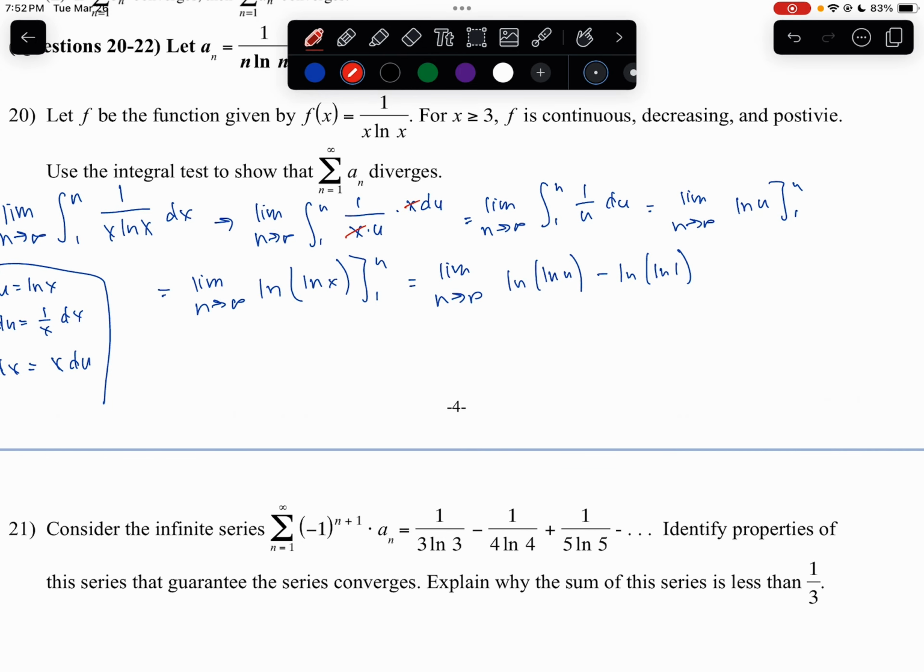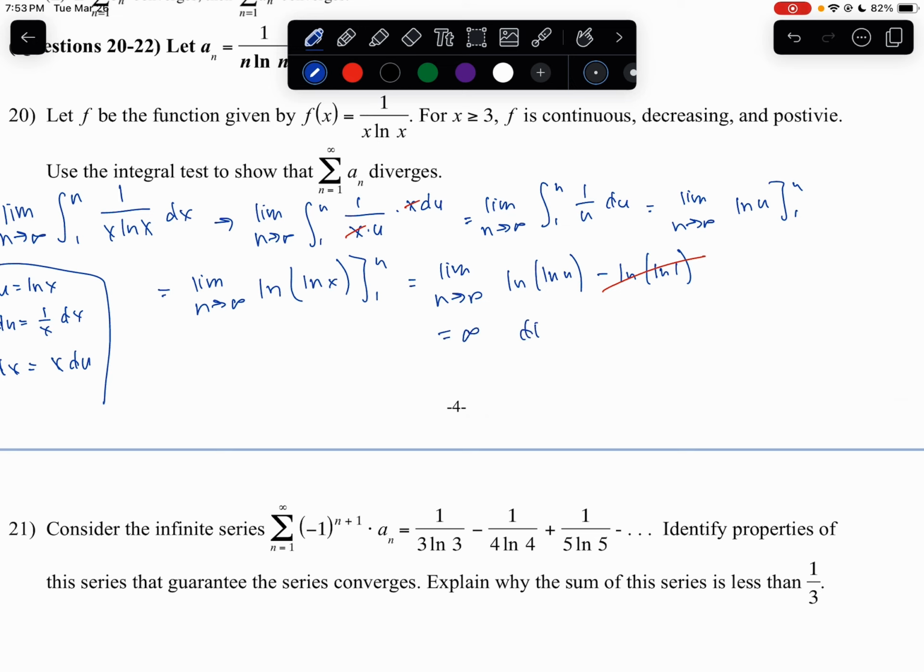The natural log of 1 is 0. The natural log of n would be infinity, because the natural log as it approaches infinity is infinity. The natural log is an increasing function, right? So this diverges, and this will just be equal to infinity.